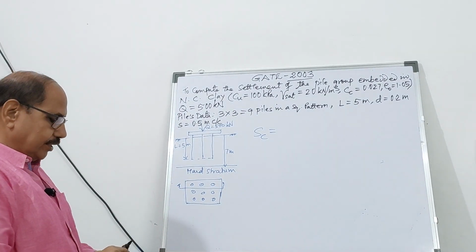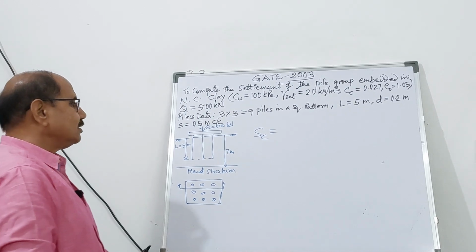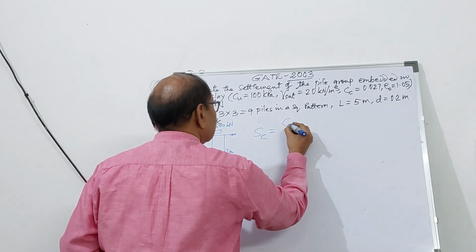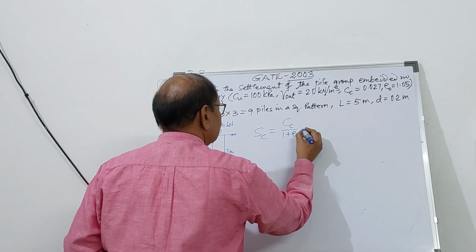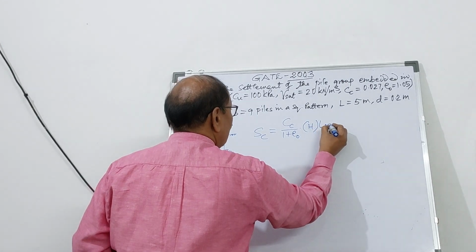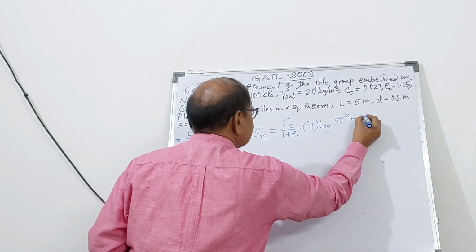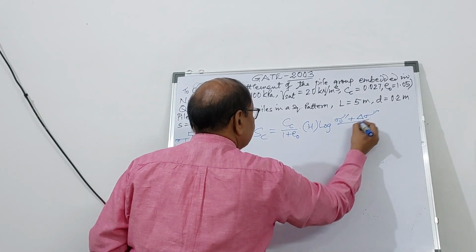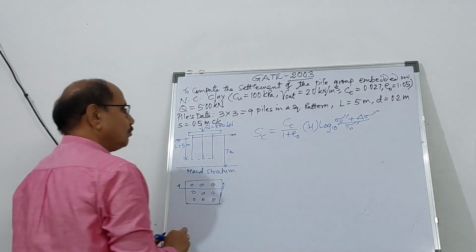in normally consolidated clay. Sc is given as Cc divided by 1 plus e naught into H into log of sigma naught prime plus delta sigma prime divided by sigma naught prime to the base 10.